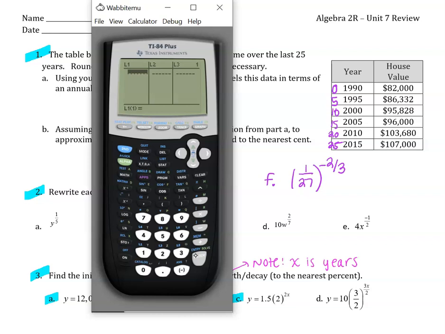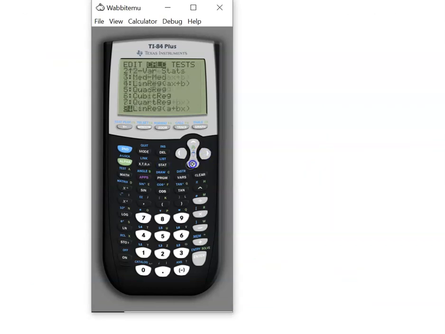L2 is going to become the house values. So now I hit Stat, Calc, and then I got to scroll down to find exponential regression. You'll see that I have my X list is L1, my Y list is L2. I should not have a frequency list, so make sure that's cleared. And then hit Calculate.